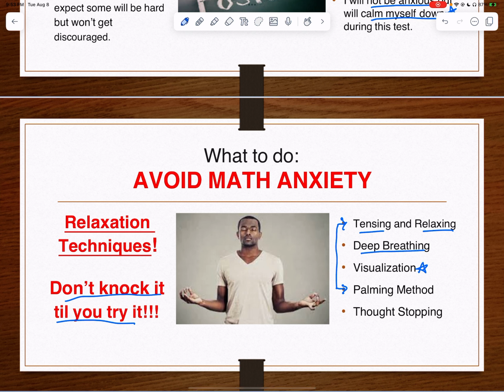Visualization helps some people. If you are ADD or ADHD, I would not suggest this. But visualization is where you're panicking, you're freaking out, so you say, I'm going to go on a little mini vacation. I'm going to take a trip to Hilton Head or the mountains or wherever your favorite place is. I'm going to go to Milliken and run around the lakes or whatever.